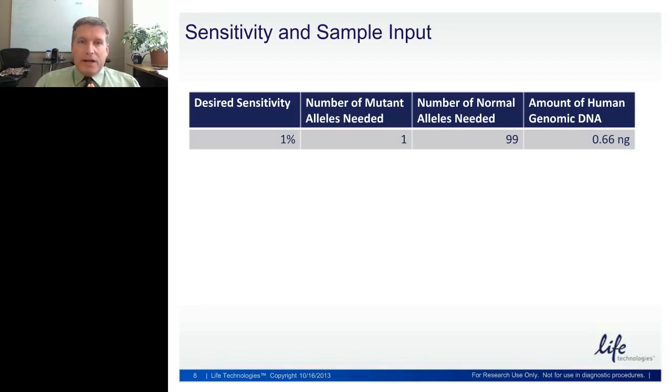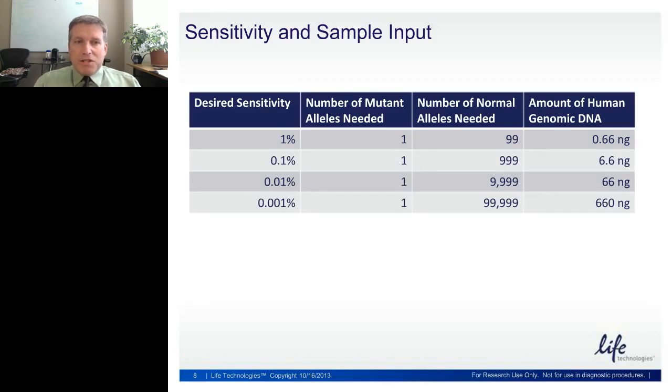Now those 99 copies of normal DNA total would make about 0.66 nanograms, so 660 picograms of genomic DNA necessary to achieve a 1% sensitivity. So if you want to detect one allele out of 100, you only need about 660 picograms of genomic DNA.